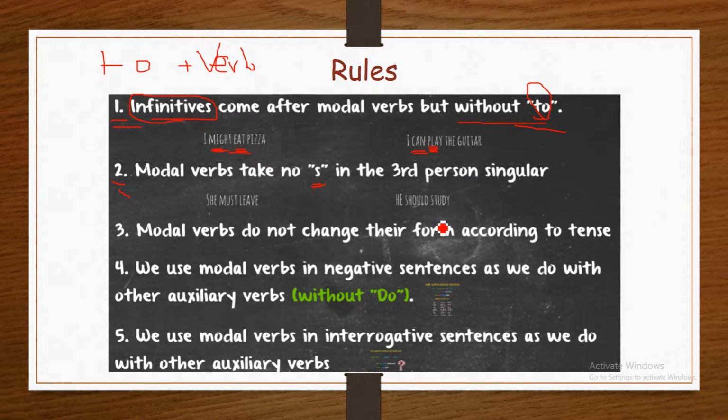But for the modals, you never add s, because modal verbs never take s in the third person singular. For example, she must live. This is the modal without s. He should study. This is a singular subject and it doesn't take the third person singular s. Modals never take the s.